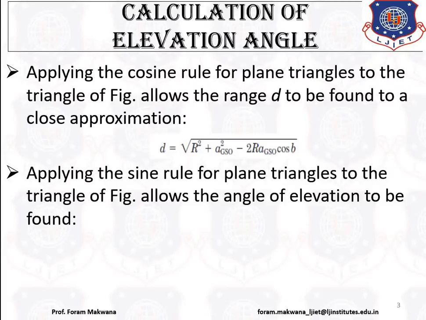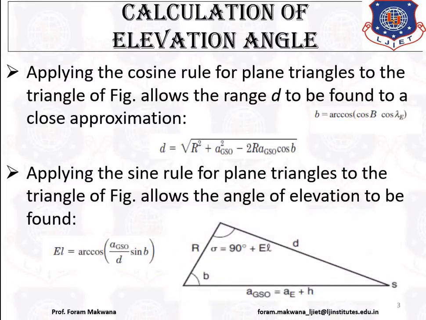The azimuth angle was calculated based on the spherical triangle, but the elevation angle is calculated from the plane triangle over here, right? By applying the cosine rule to this plane triangle, we will get the value of d. D means the distance between earth station and the satellite, which we have already discussed in the last session.